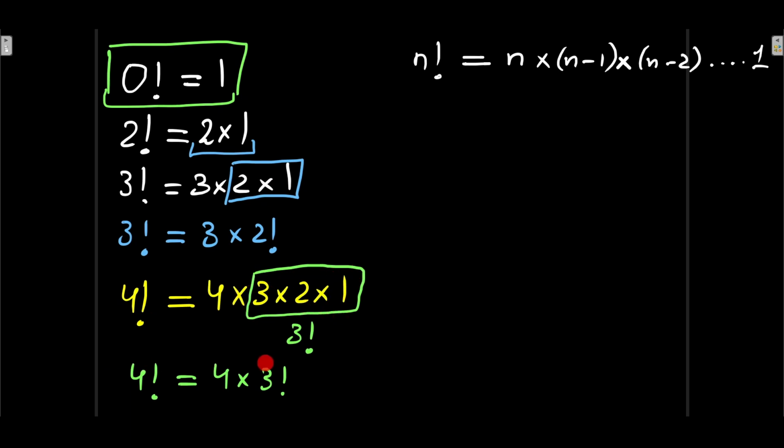So just to summarize, a number having a factorial can be written in this form: the number will be copied as it is, times 1 less than that number with a factorial. That means n factorial will be equal to n times n minus 1 factorial.